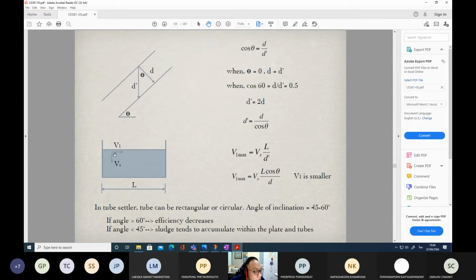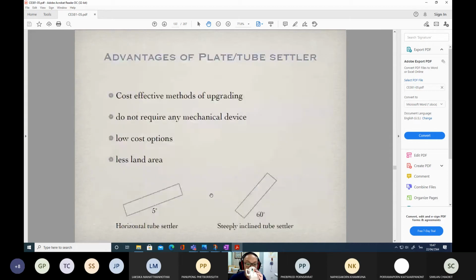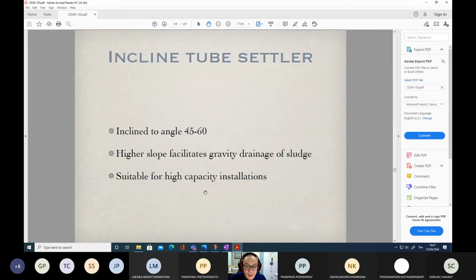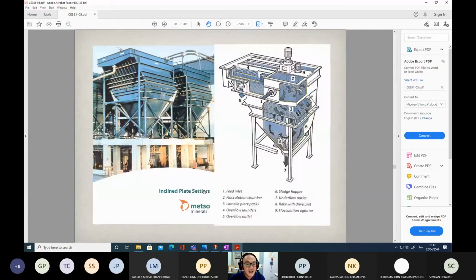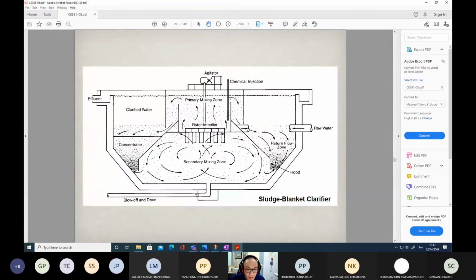Just like when we reduce the flow rate, we obtain shorter trajectory lines, so the particle doesn't have to reach the end of the settling zone. It settles faster if we can reduce the horizontal velocity. Okay, so that is all about the sedimentation tank.